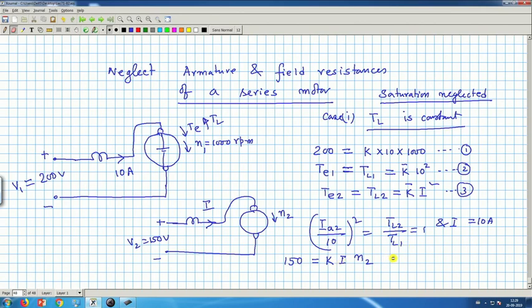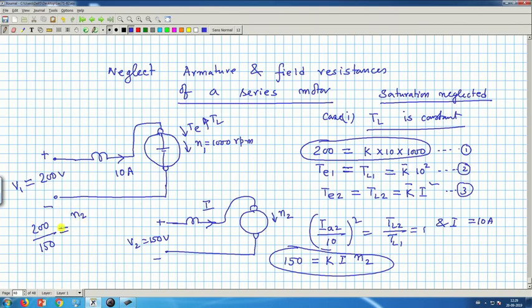Therefore, what will be N2 now? So, you take the ratio, that is 200 by 150 is equal to 10 into 1000 by... I have got 10 ampere once again here in the second case. I am making a mess of it.